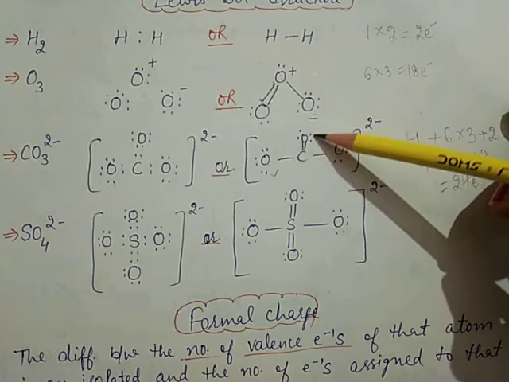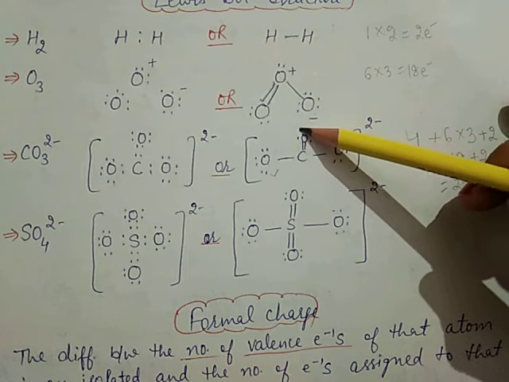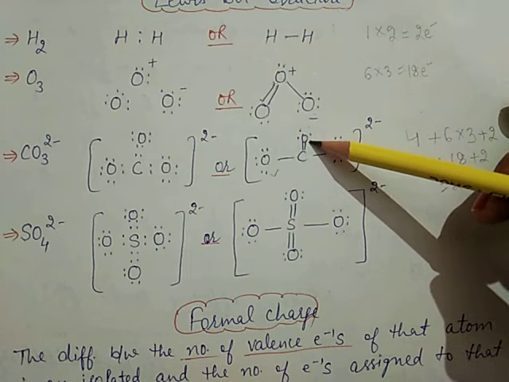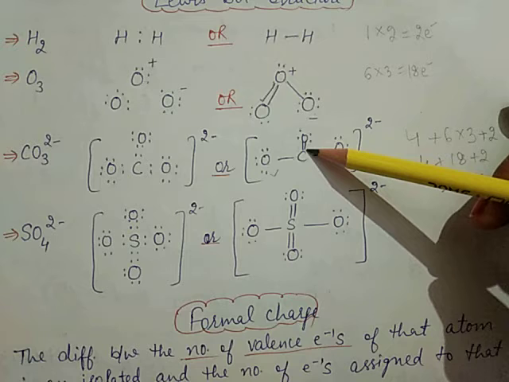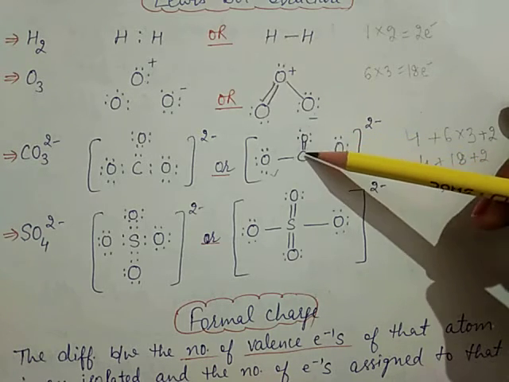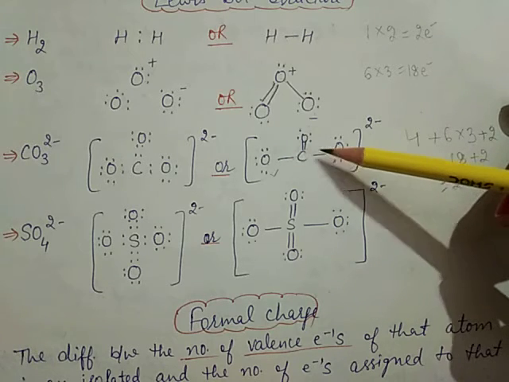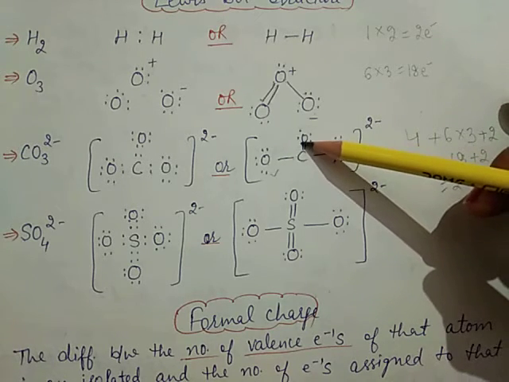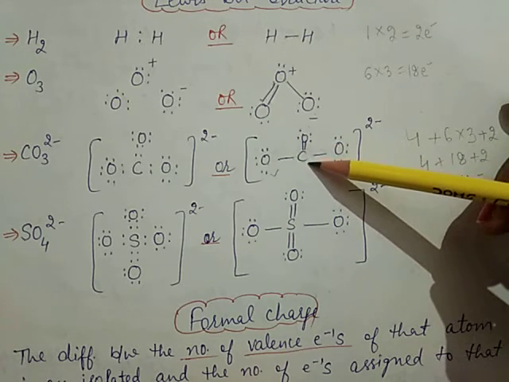Now this outer electron is left. Here 1 2 3 4 5 6 7 and 8, so the octet is also complete. The central atom has 1 2 3 4 5 6 7 8, so 8 electrons are also complete at the center.